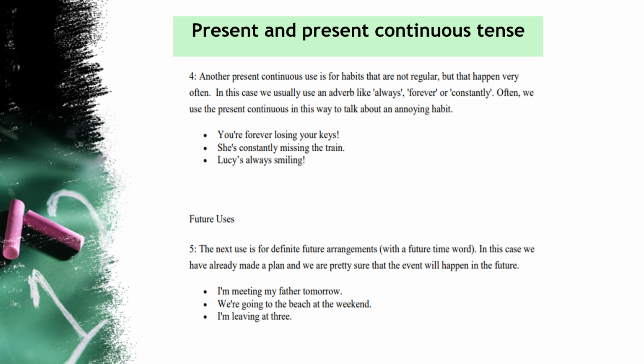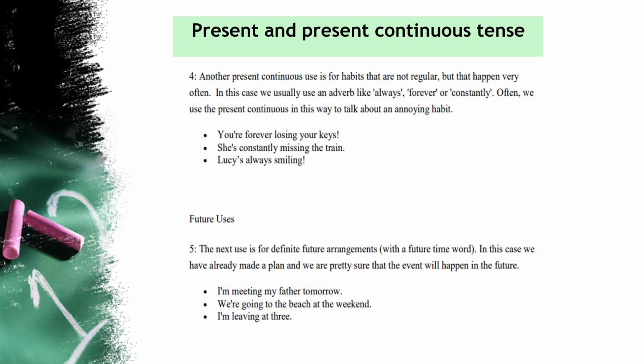You are forever losing your keys. She is constantly missing the train. So when we use always, forever, constantly, in that case I have to use the present continuous. Lucy is always smiling.